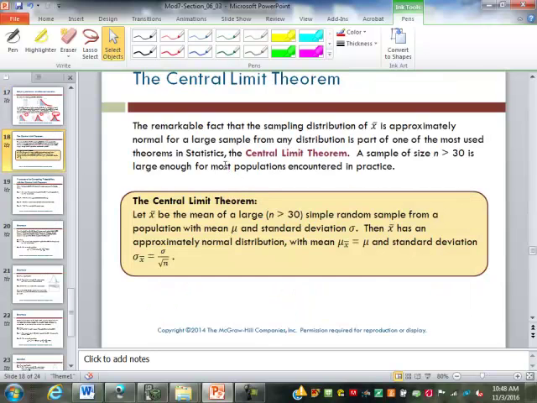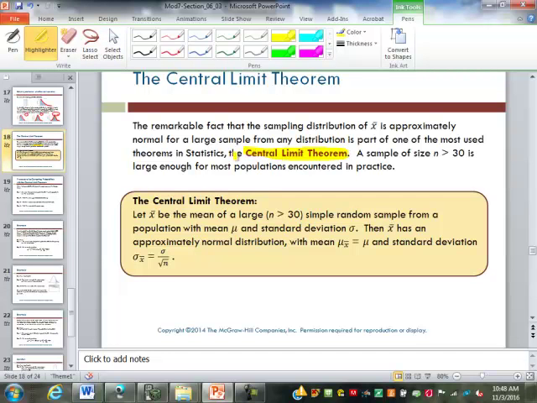The remarkable fact is that it is approximately normal for any distribution, whether it's uniform or heavily skewed or whatever, as long as the sample size is at least 30. No matter how skewed the population is, a sample size of 30 or more will make it pretty much normally distributed, really close to normally distributed.